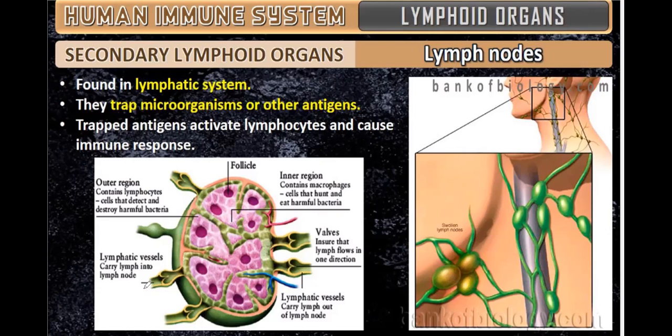If blood is coming containing antigens and bacteria, they will enter the nodes, and here the macrophages will kill and neutralize these harmful antigens and bacteria, and then the lymph will flow outside.